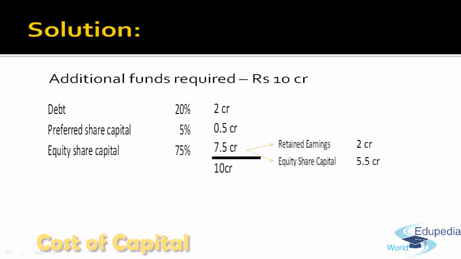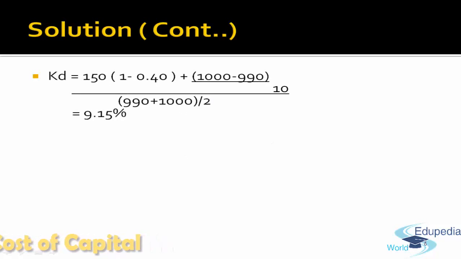So cost of debt is for 2 crore. The cost of debt will be 150 into (1 minus 0.40) plus redeemable value less net proceeds, divided by the lifespan of the debentures that we are going to issue. So let's compute cost of debt.